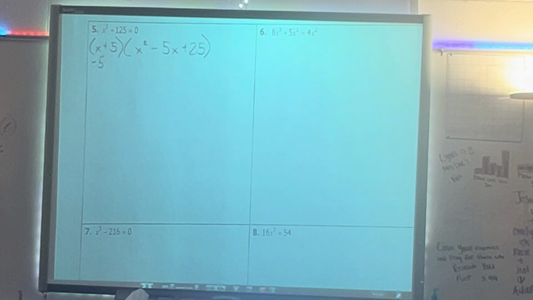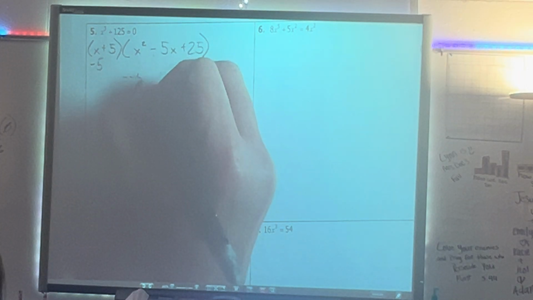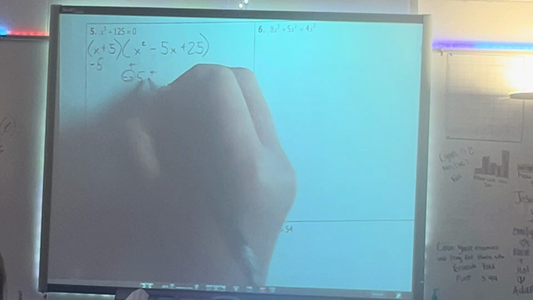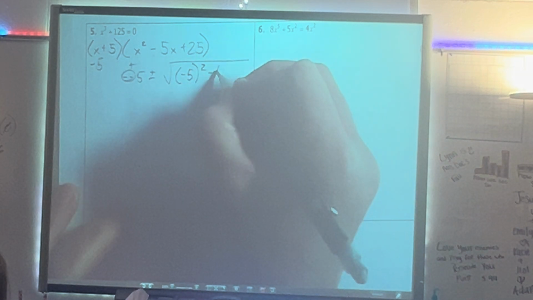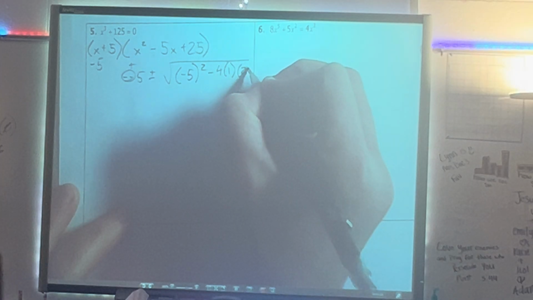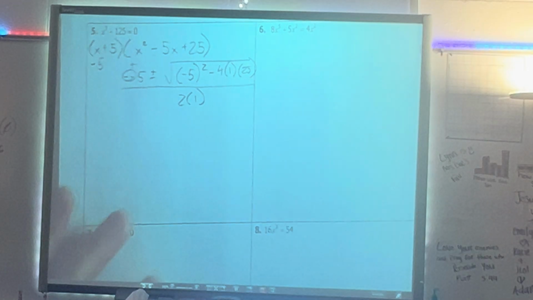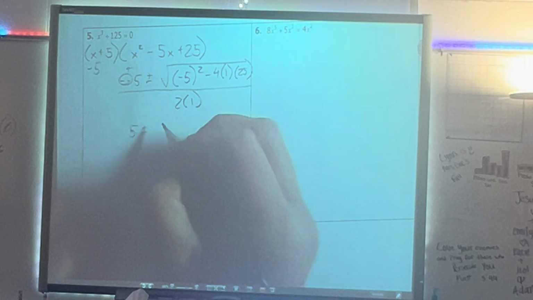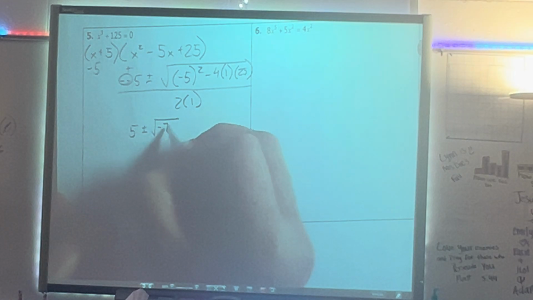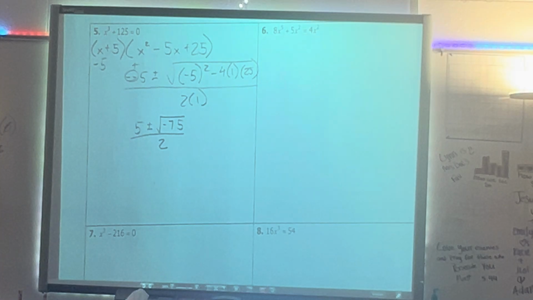Y'all okay with that? All right, so we've got negative b, which gives us a double negative 5 there, plus or minus the square root of negative 5 squared minus 4 times 1 times 25, all over 2 times 1. So I've got 5 plus or minus, this gives us a negative 75 in here, over 2. What can I do with 75?